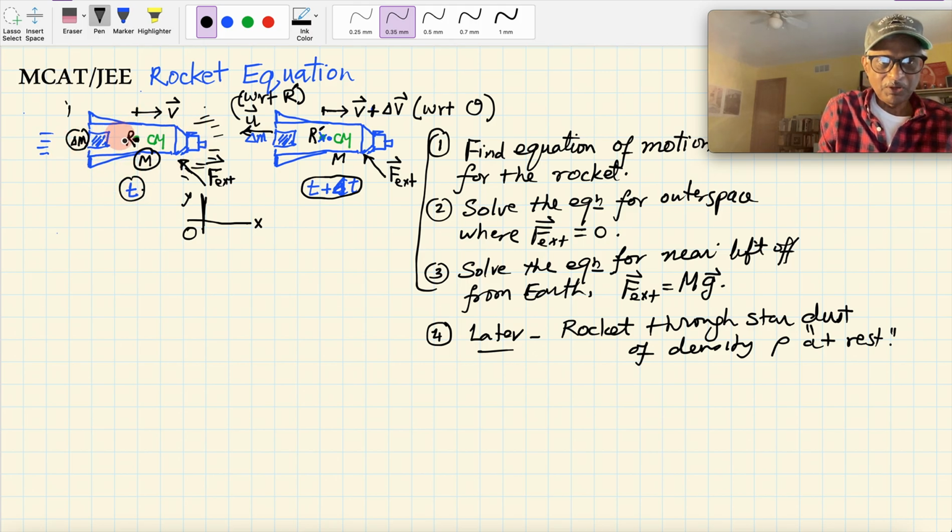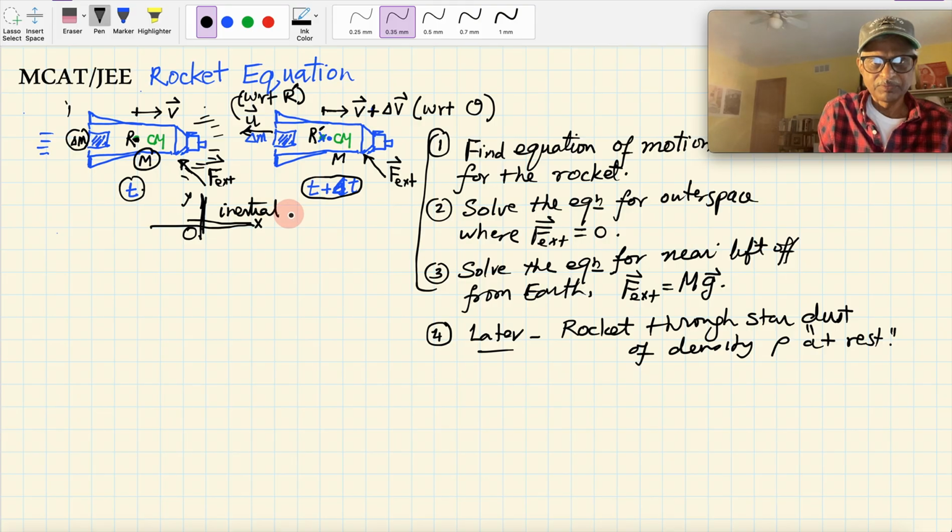This v is with respect to some fixed frame, some inertial frame. So there's someone looking from here who sees that as the velocity, just a vector, which could be in any arbitrary direction.